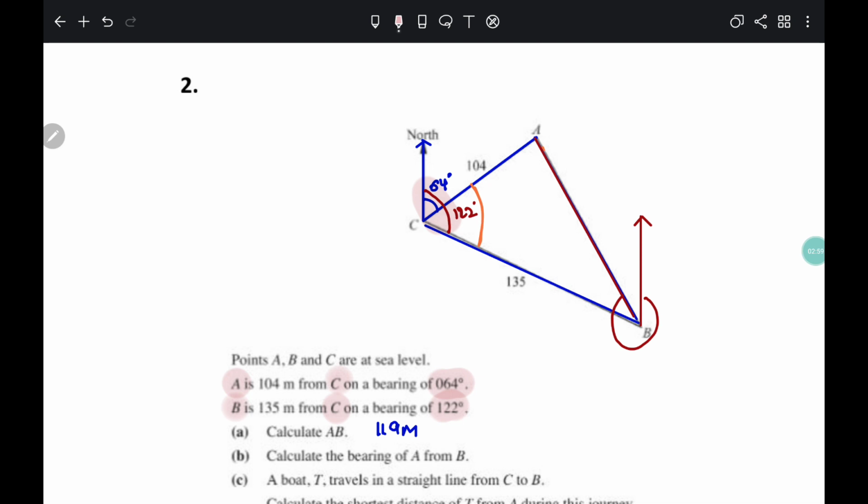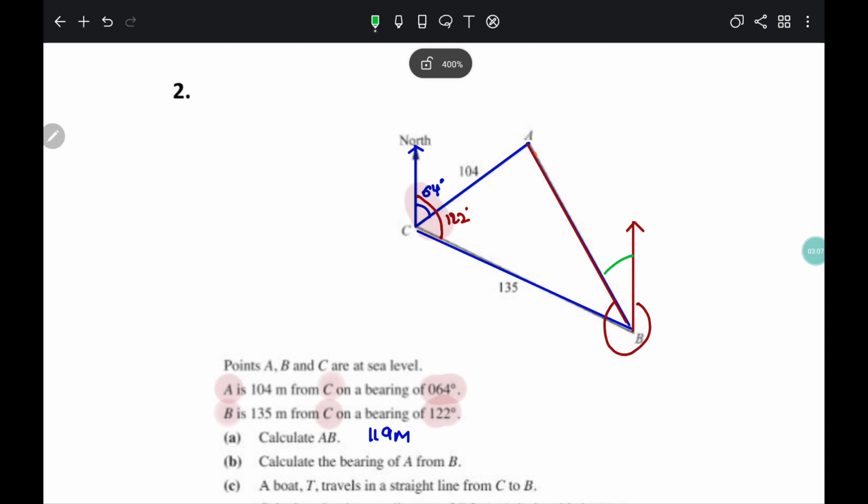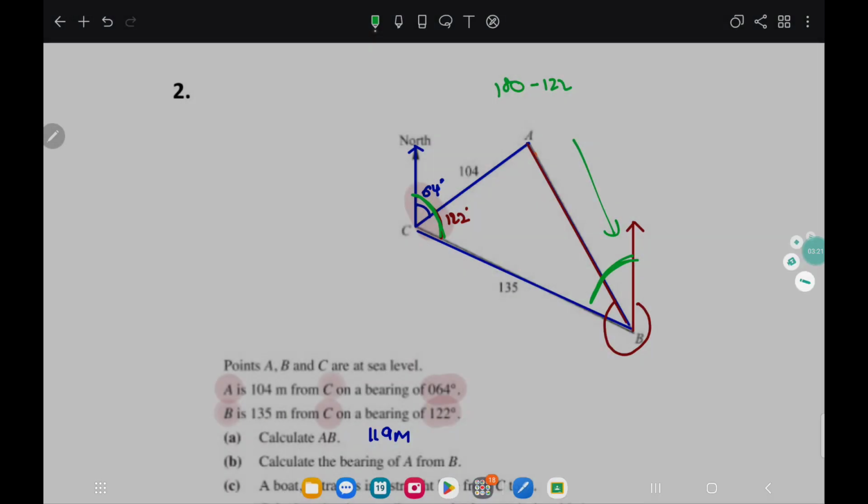Angle between parallel lines, I'm able to calculate this whole angle here, because this angle here is 122. Angles between parallel lines add up to 180. So if I take 180 minus 122, I can get this.